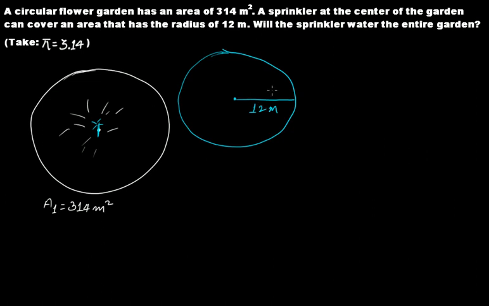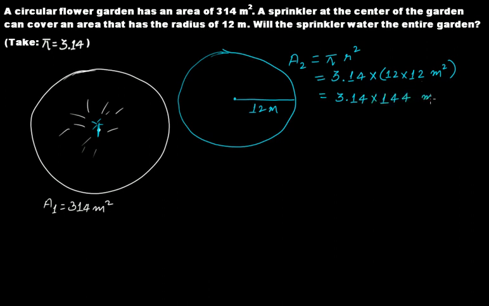What is the area of this circle then? If we represent it by A2, then pi r square, pi is 3.14 times the radius, 12 meter. So 12 times 12 meters square. Now if you solve this, you get 3.14 times 144 meters square.